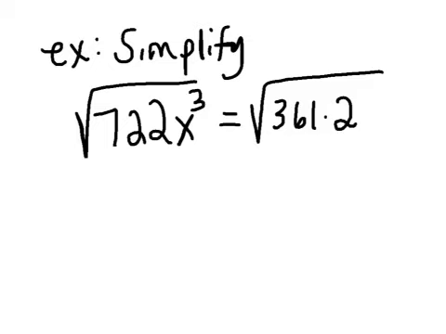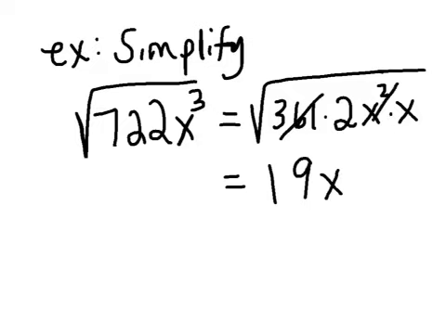So x to the third means x times x times x. So x squared times x would be the same thing. Now you're ready to simplify. Square root of 361 is 19. The square root of x squared is x, so that comes to the outside. And what's left under the radical, you have 2x.